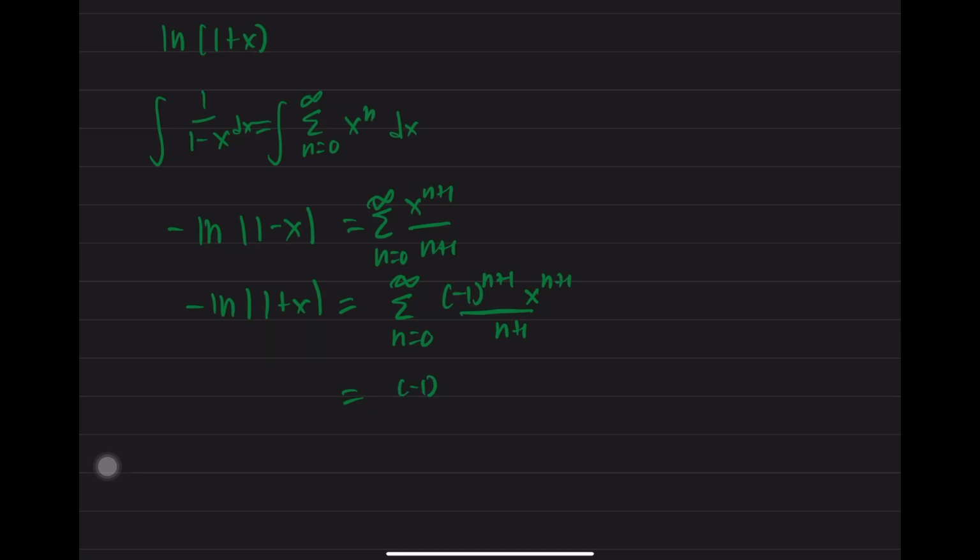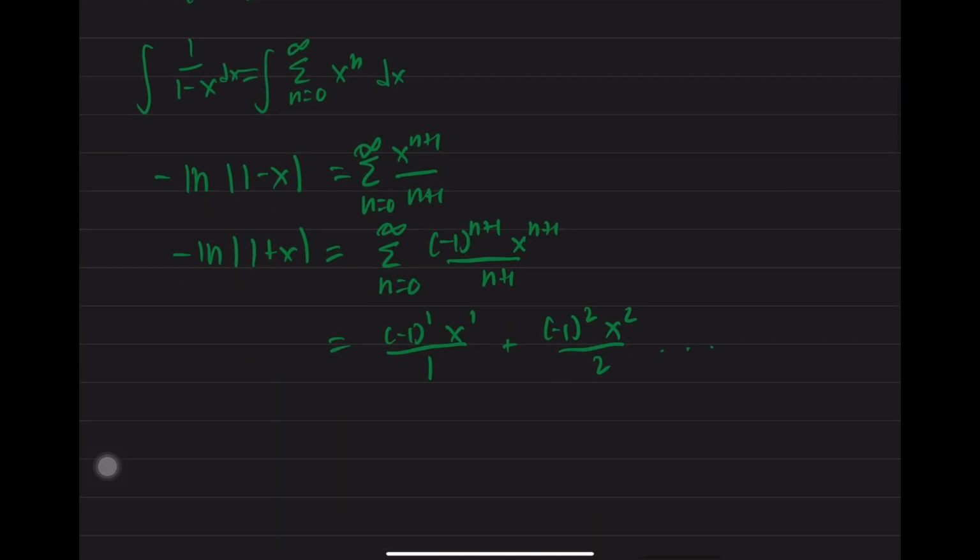Let's see what a few terms are. If we have n equals 0, we have negative 1 to the n plus 1, so that's 1. Then x to the n plus 1 over n plus 1 is again x over 0 plus 1, that's x. Then we have negative 1 to the 2, x squared over 2, right? And this keeps on going.